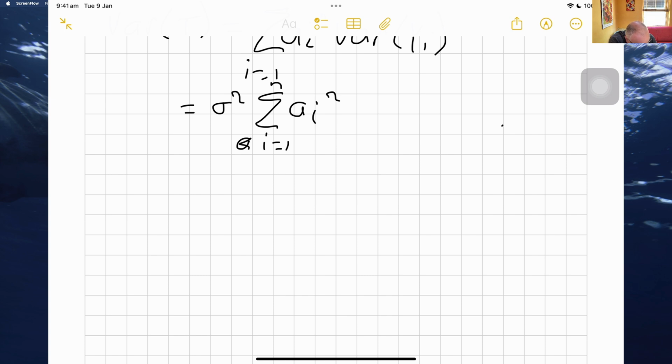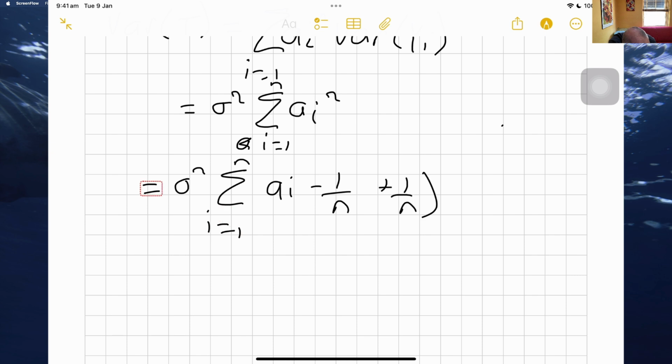Now, I want to get this in terms of the variance of the sample mean plus some stuff. So I'm going to do a classic trick here. I'm going to write this as sigma squared times the summation as i goes from 1 to n of ai, and I'm going to take off 1 on n and add 1 on n, all squared. All I've really done here is add 0, because I've added and taken off the same thing.